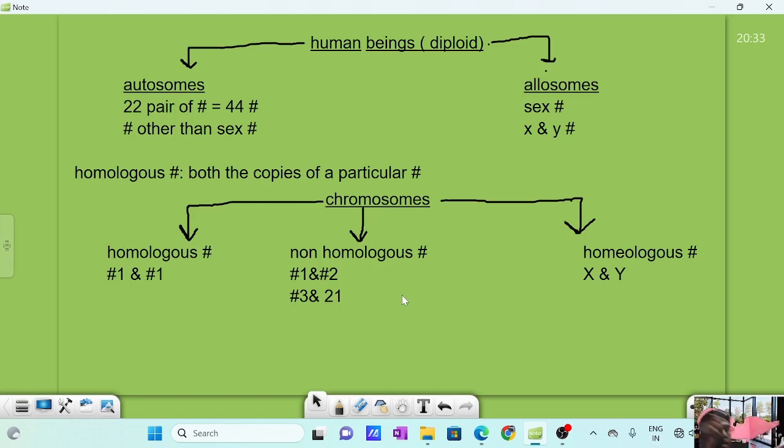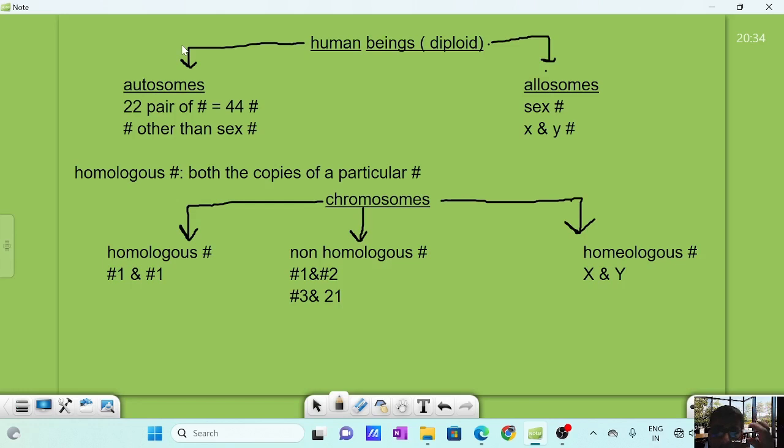In that condition, I earlier mentioned we have 23 sets. In those 23 sets, 22 pairs of chromosomes are known as autosomes. Autosomes are the chromosomes other than the sex chromosomes. So what are sex chromosomes?